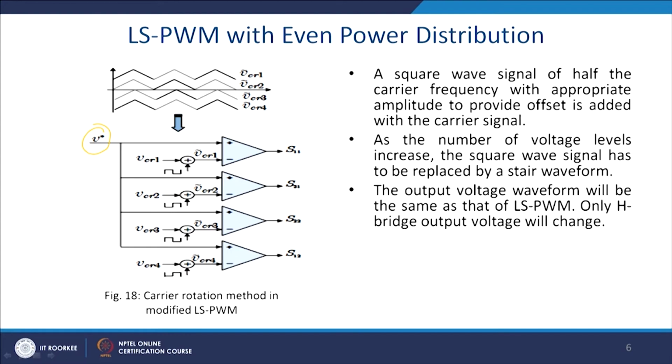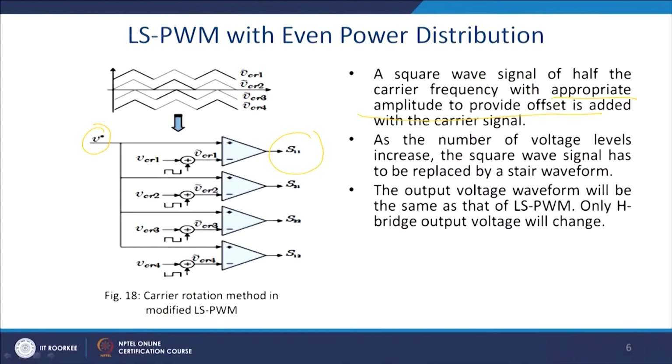When V star, the V reference, is more than this VCR delta, switch S1 will be on. Similarly, switch S2 will be on when this reference voltage is greater than VCR2. Then subsequently the other switches will be on.